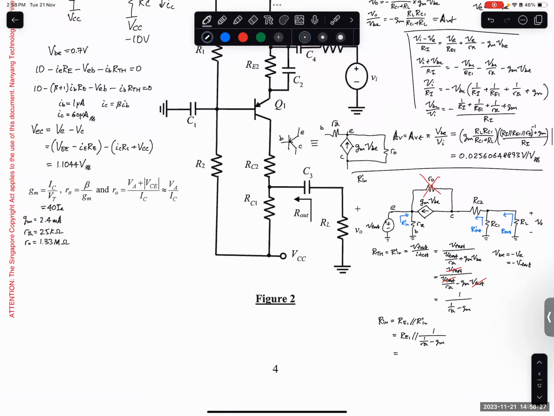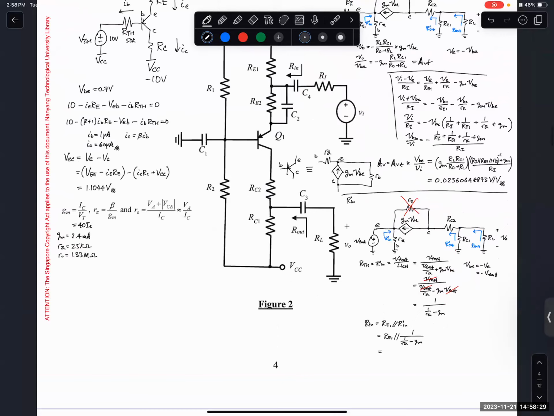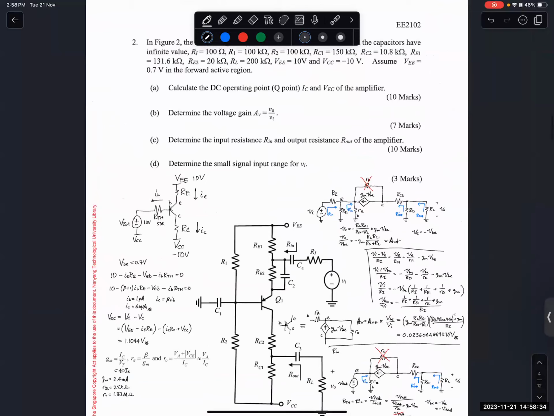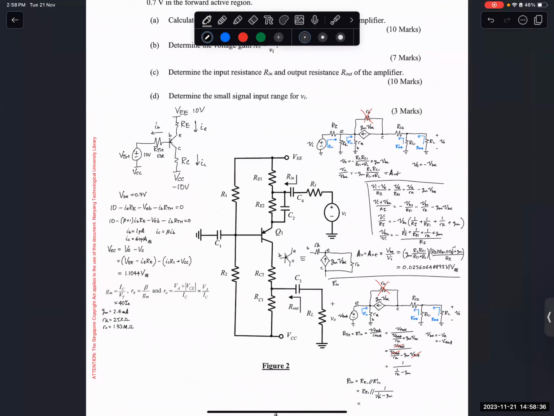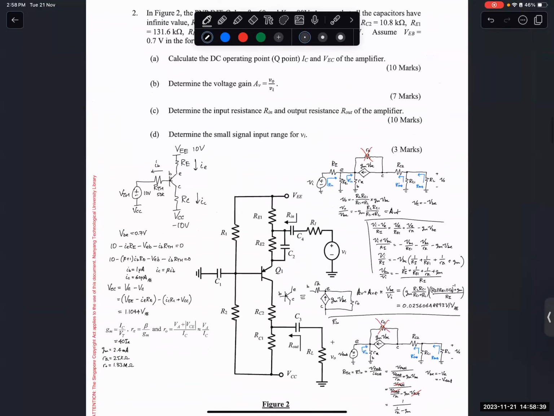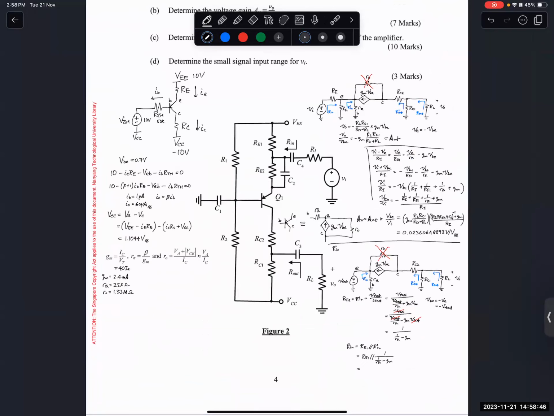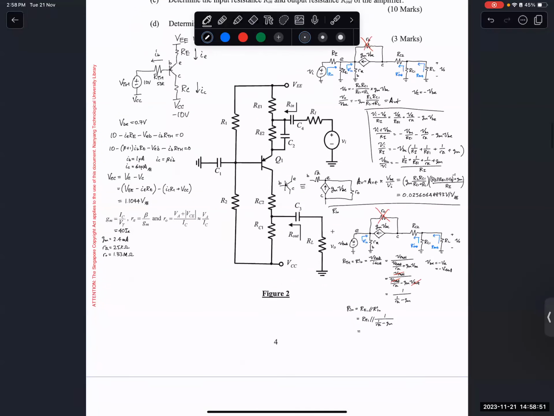Okay, so now we just need to find what is RE. RE is what? 131.6 kilo ohm, right? Okay, so it's 131.6 kilo ohms, right? Plus, okay, 1 over R pi minus GM. For most of it, it's all the same thing also, right?